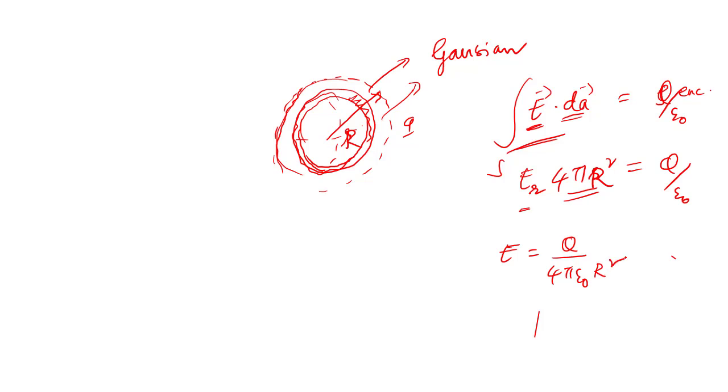Or we can take Q by 4 pi r square and call it sigma. That would be the surface charge: you're dividing the total charge by the surface area, and then by epsilon naught. But now this is the field that is outside the spherical shell. Inside the spherical shell, the electric field is 0.